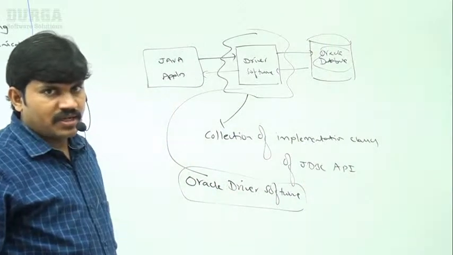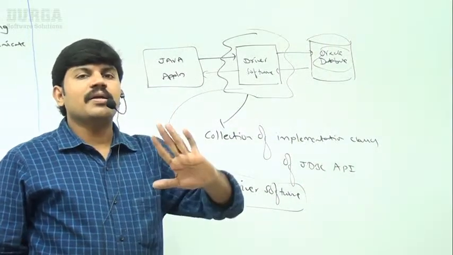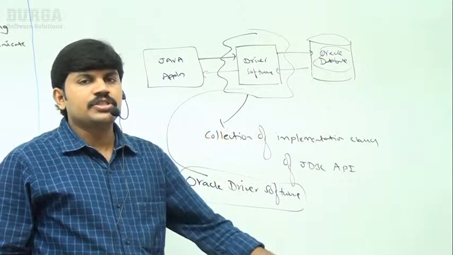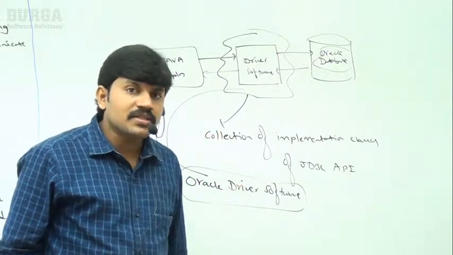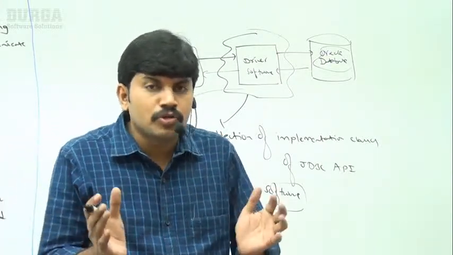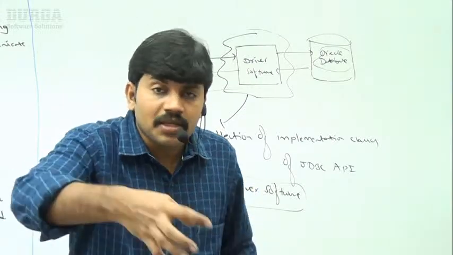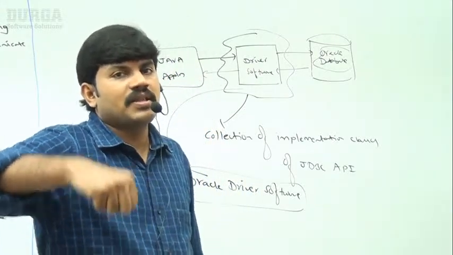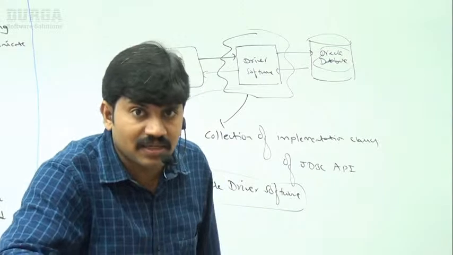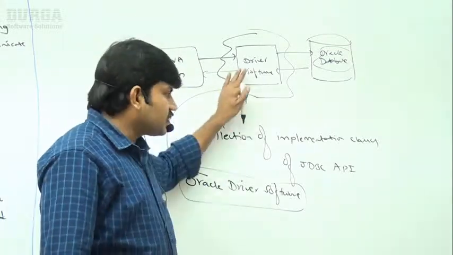Everyone can understand, right? So for all the interfaces present inside JDBC API, the driver software vendor is responsible to provide implementation. That collection of implementation classes is nothing but driver software.